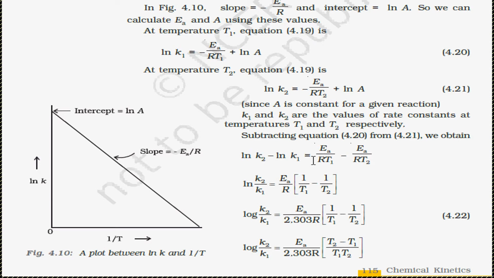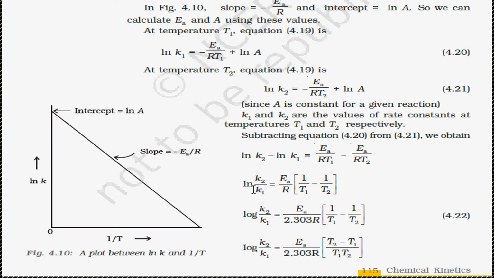Now this we can write as ln K2 upon K1, and Ea upon R can be taken out common from this. So we have taken Ea upon R as common into 1 upon T1 minus 1 upon T2.